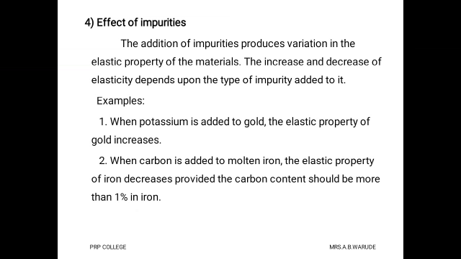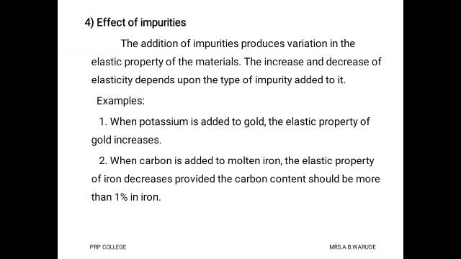For example, when potassium is added to gold, the elastic property of gold increases. Second, when carbon is added to molten iron, the elastic property of iron decreases, provided the carbon content is more than 1% in iron.